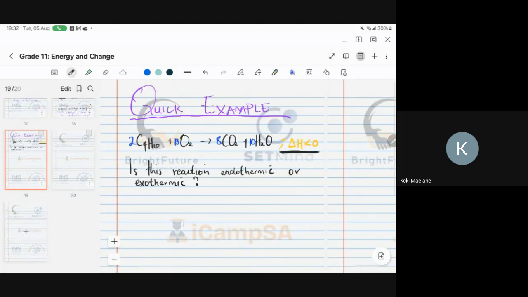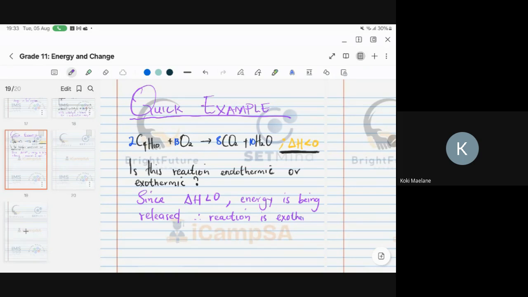So therefore, your answer would simply be: since delta H is negative, energy is being released. You can even draw that curve I showed you, right? Therefore, the reaction is exothermic.